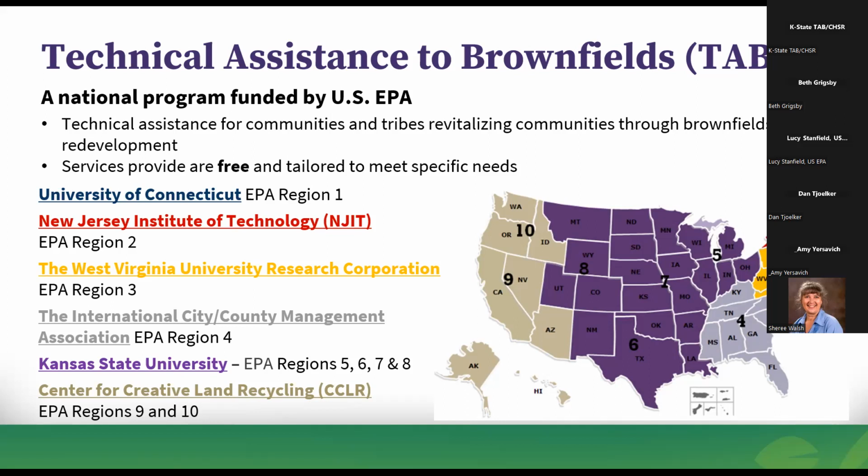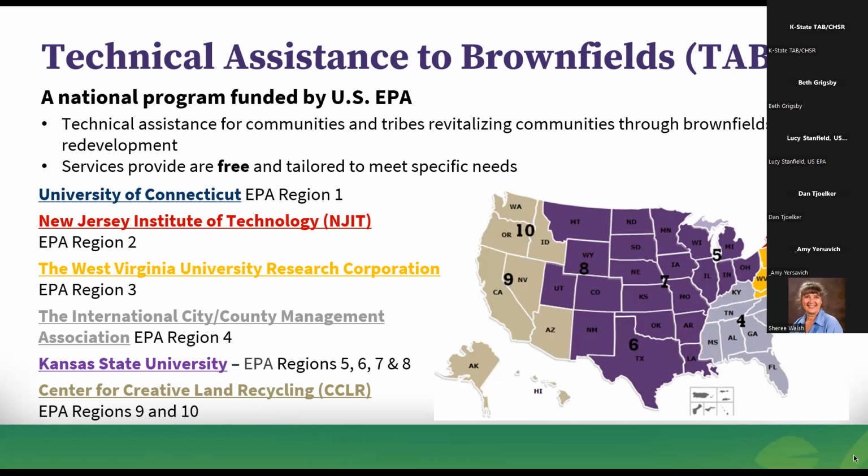However, be aware that each region, and there are 10 of US EPA, does have a TAB provider, a Technical Assistance to Brownfield provider, and they assist with revitalizing communities through brownfields redevelopment by providing a number of services. And we'll talk about some of those today. And the key thing is those services are provided free of charge, and they're tailored to meet specific needs.